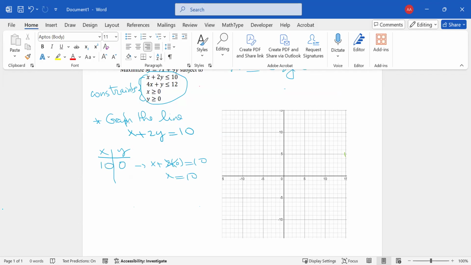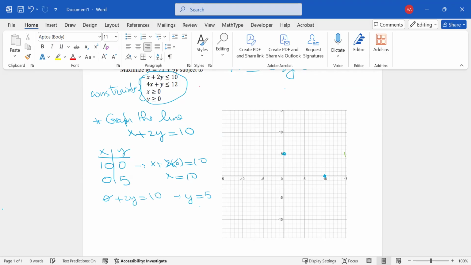So my first point is (10, 0), which is right here. Now if x equals 0, then 0 plus 2y equals 10, which means y equals 5. We have (0, 5).